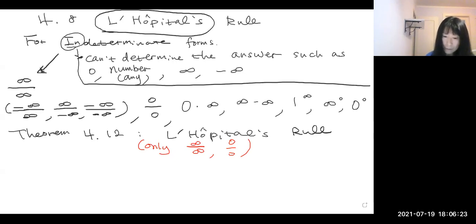So if we have the limit, so basically we have to have a condition f and g are differentiable.